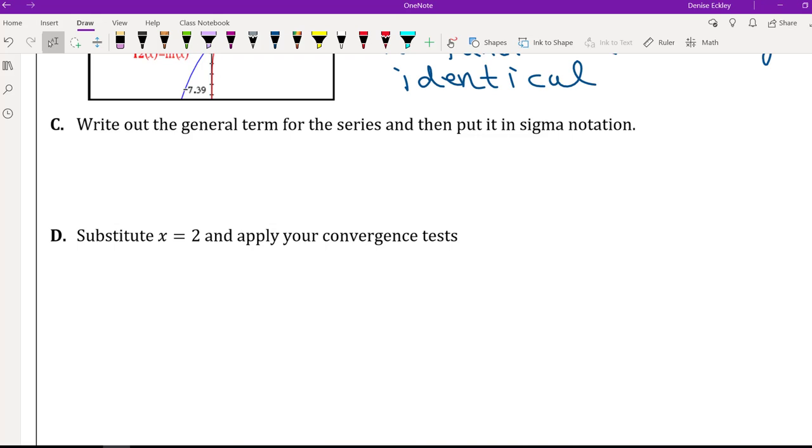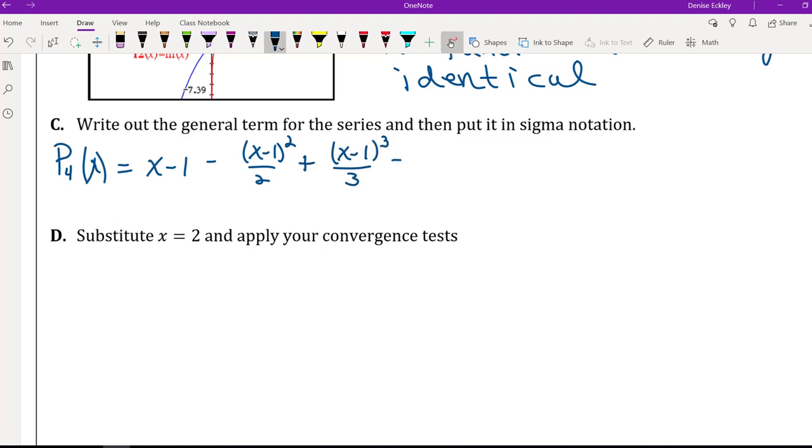Okay, so we're supposed to write out the general terms of the series and then put it in sigma notation. So we have our polynomial. I'll just rewrite it here again since I covered it up. So P4 of x is our x minus 1, and then we have minus x minus 1 squared over 2 plus x minus 1 cubed over 3 minus x minus 1 to the 4th over 4.